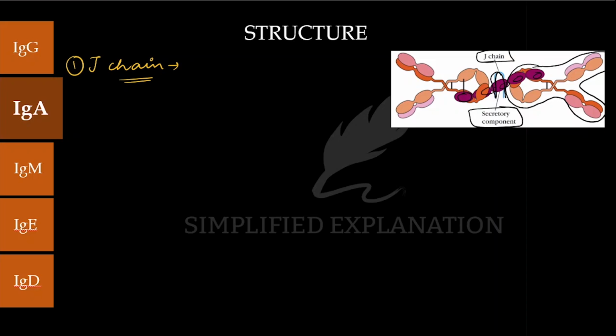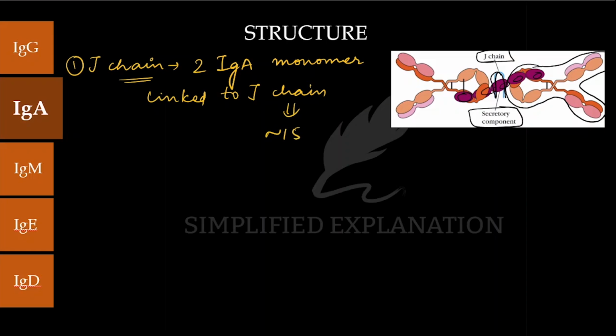The two IgA monomers are linked to one molecule of J chain, which is a polypeptide having a molecular weight of around 15 kilodalton.